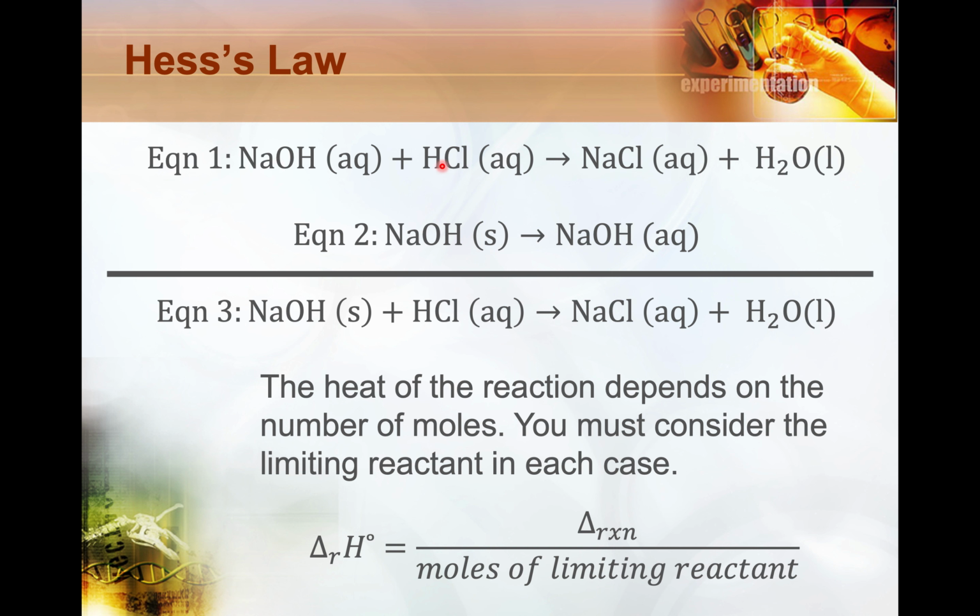Whatever enthalpy you detect in your reaction, you're going to relate that to the number of moles that reacted. So it's important to always be sure that when you relate the enthalpy that you see, you consider the number of moles that actually reacted in your calorimeter.